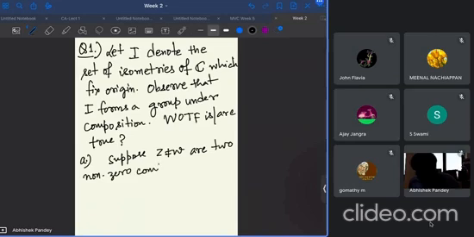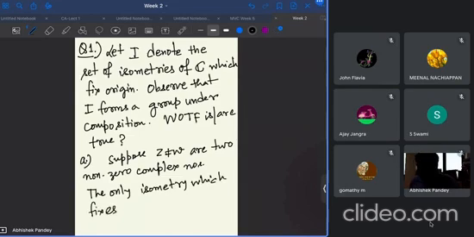Then the only isometry which fixes both z and w is the identity map.